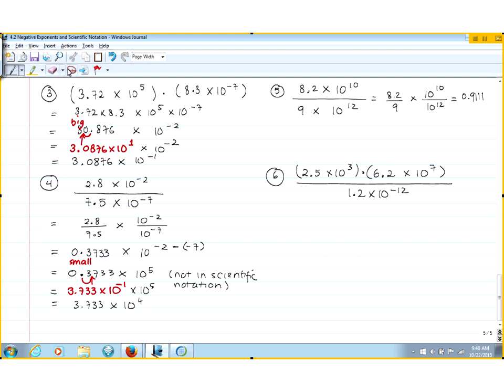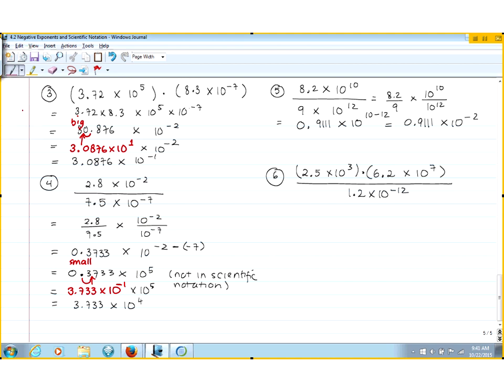Yeah. Times 10 to the what? Well, I don't have space there. It's better if I do it here. So this is 0.9111 times 10 to the what? 10 minus 12, isn't it? Okay. So this is 0.9111 times 10 to the negative 2.